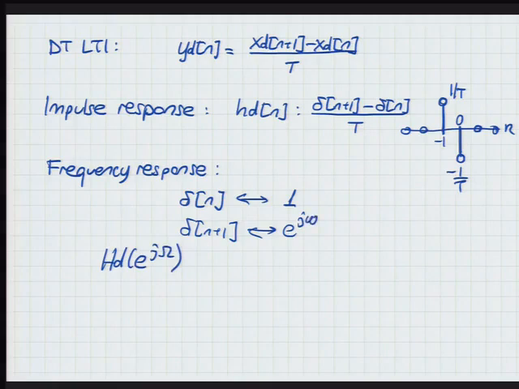So this is then 1 over T times e to the j omega minus 1. All right? It is possible. Is that right?